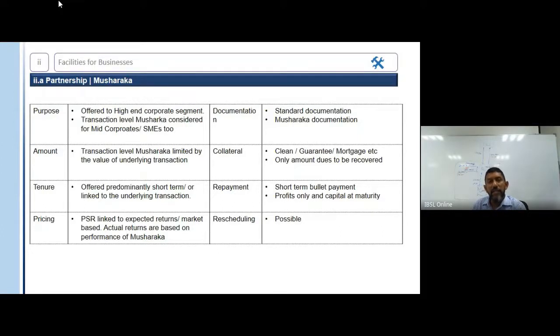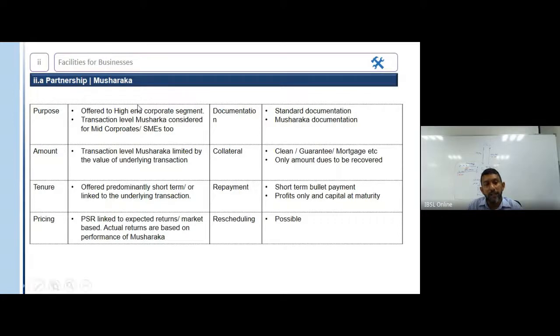As such, generally the customer segment we look at is more high-end corporates, listed companies, conglomerates with regular financial reporting to head offices elsewhere. So the purpose is for business.